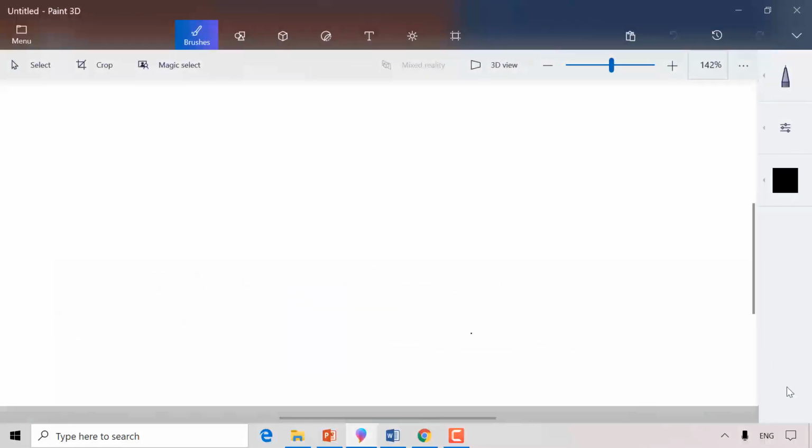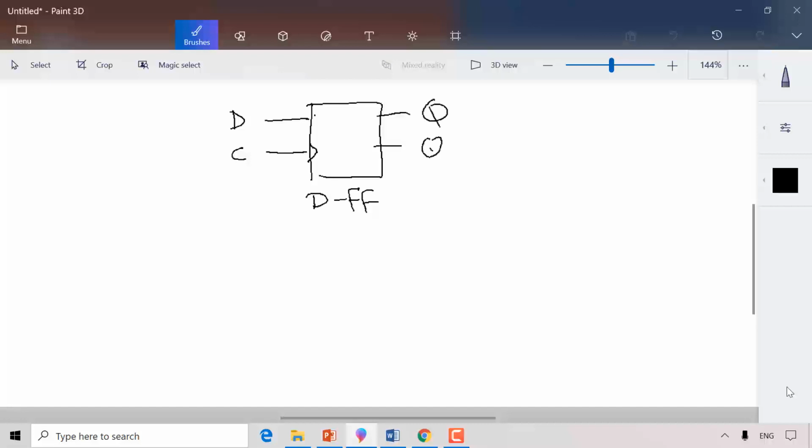The D flip-flop, if we draw the symbol, you have an input D and a clock, and we have this triangle that makes it a flip-flop. Without that triangle, it makes a latch. Then Q and then Q prime. The truth table for this is very simple.